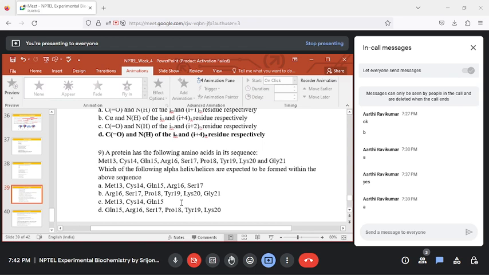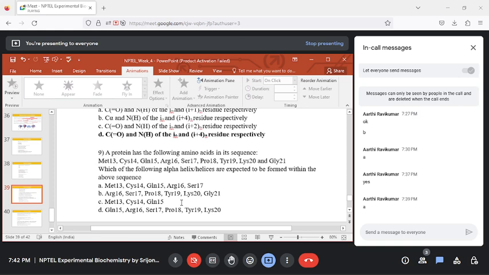Proline is actually a helix breaker and is not favorable as an amino acid in the formation of alpha helices. When proline is present, it will actually disrupt your alpha helix formation. That is one thing.